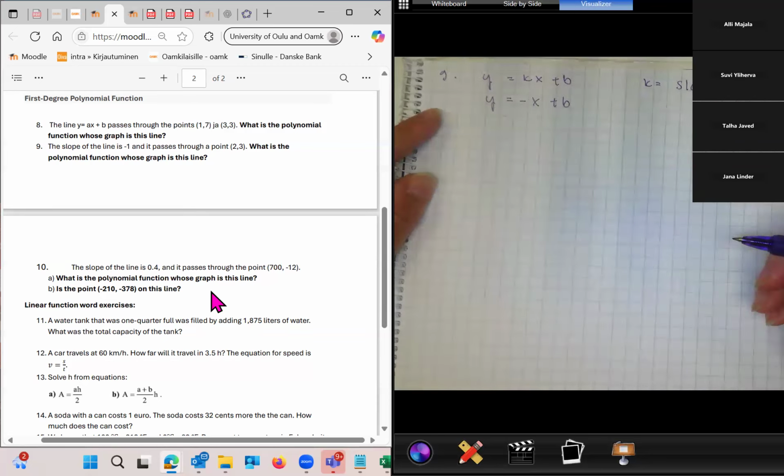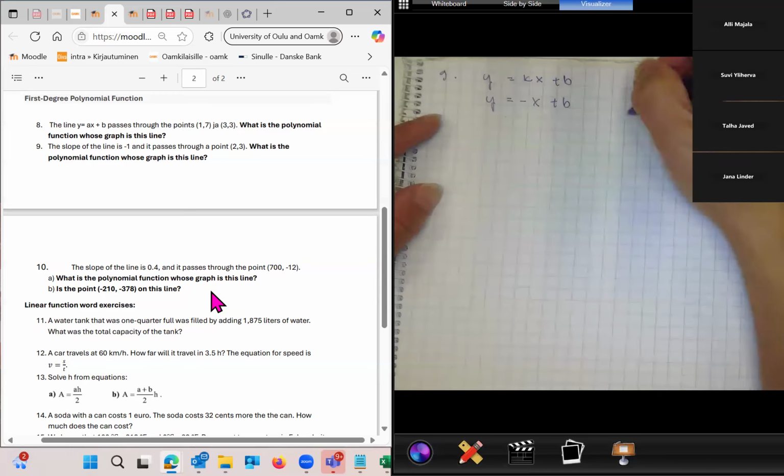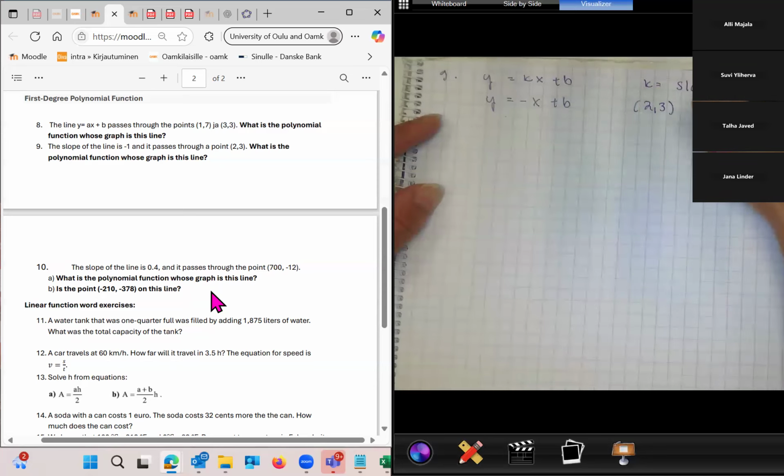Okay. And then it passes through a point. So I know that this point, 2, 3, is on the line, or the line passes through it.